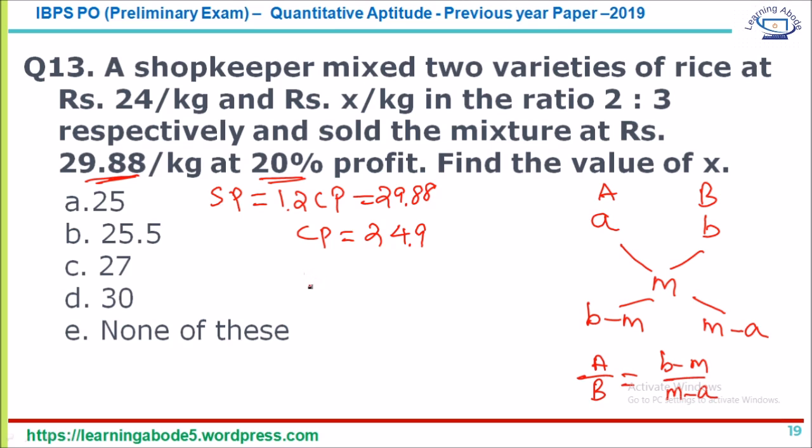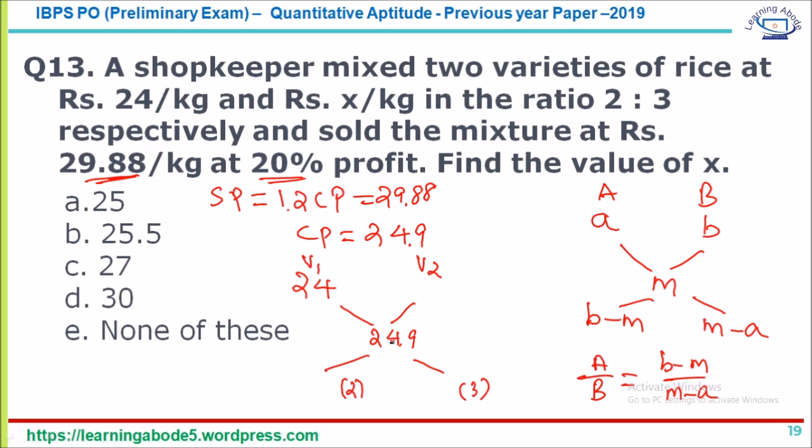One rice, variety 1, is 24 rupees, variety 2 I don't know, I have to find. The mixture cost I know is 24.9, and the ratio is given, 2:3, so this is 2 parts and this is 3 parts.